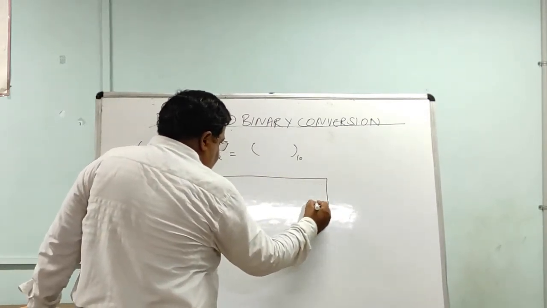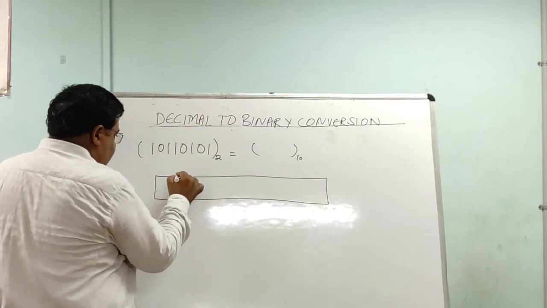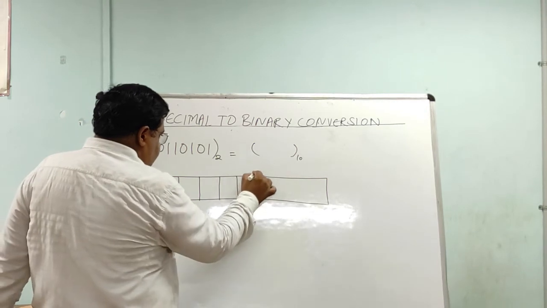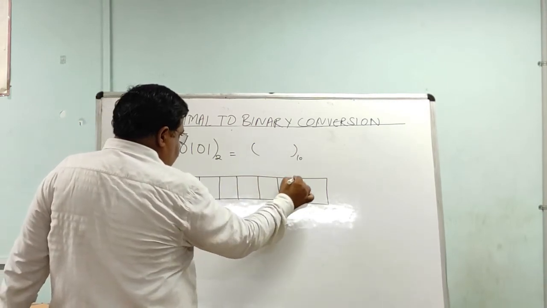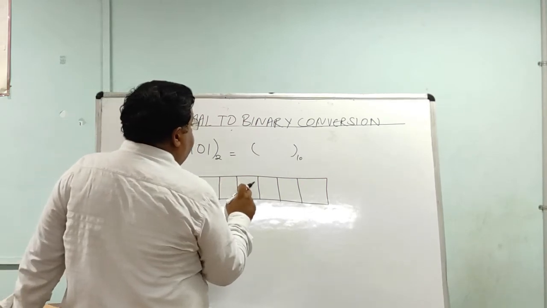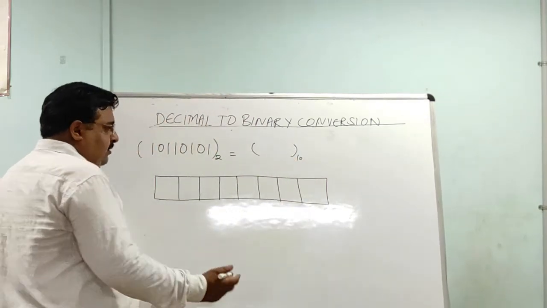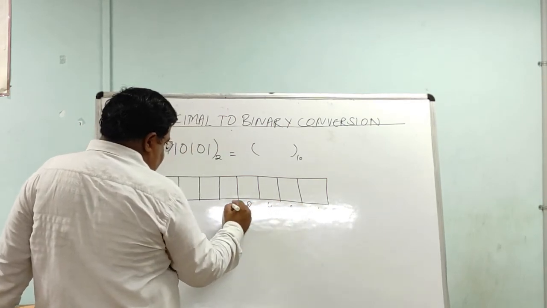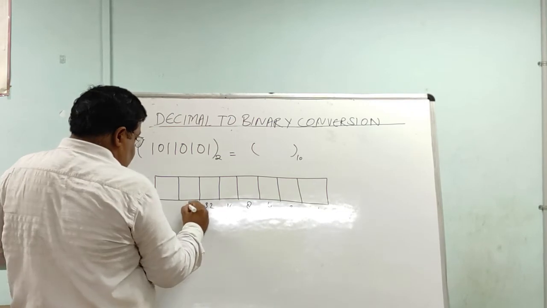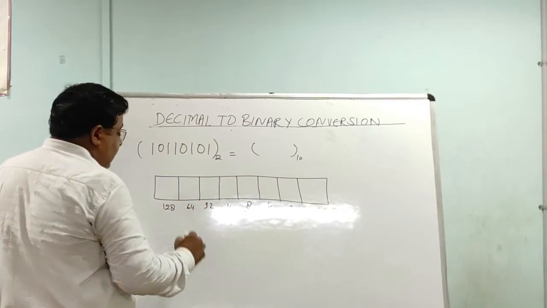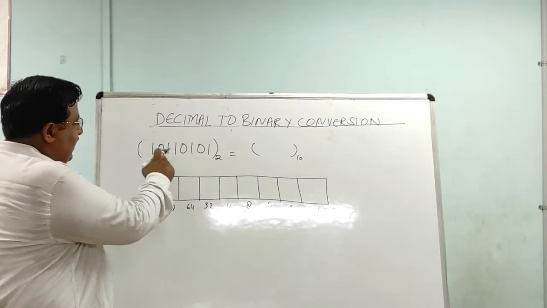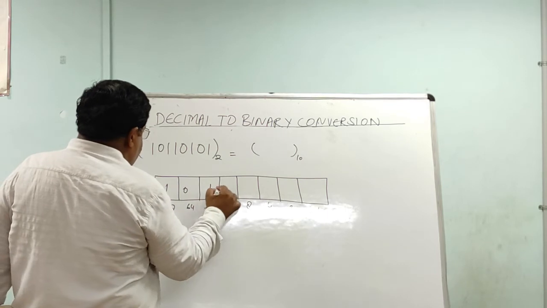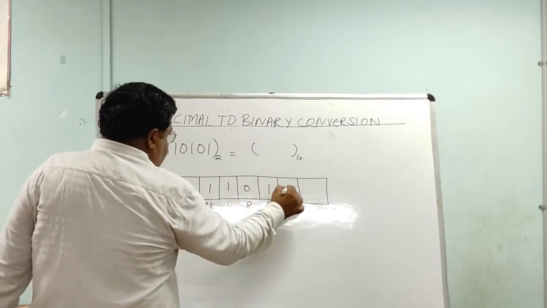Again I am going to make a block with 8 boxes, and write 1, 2, 4, 8, 16, 32, 64, 128. Now I will write this number into these blocks. So I will get 1, 0, 1, 1, 0, 1, 0, 1.